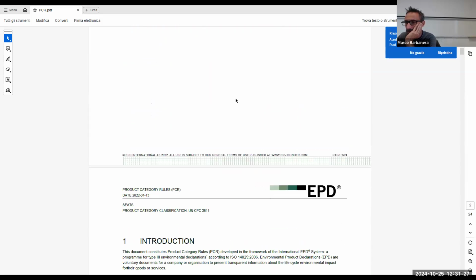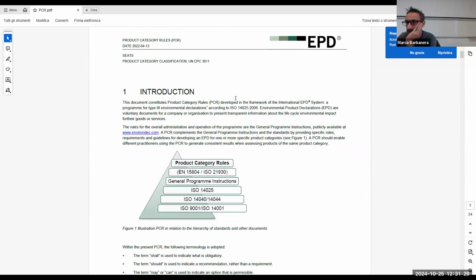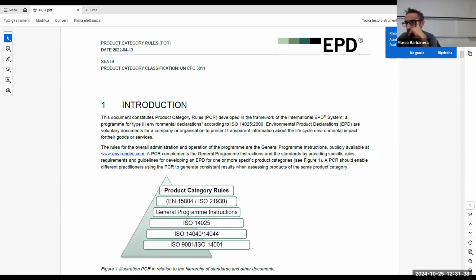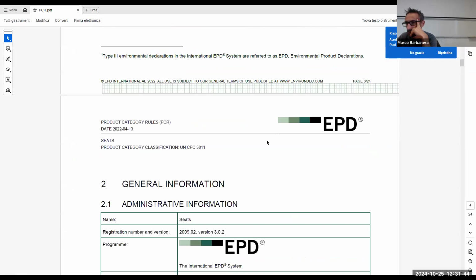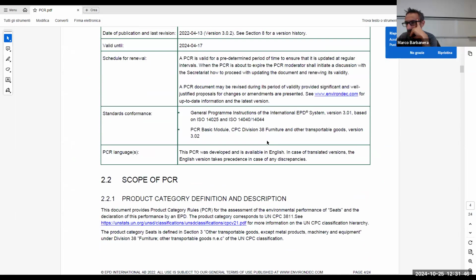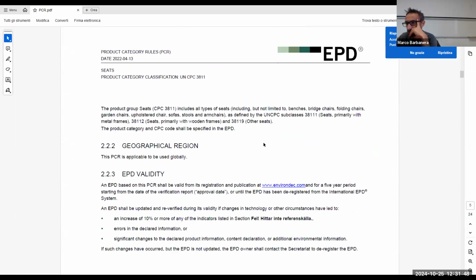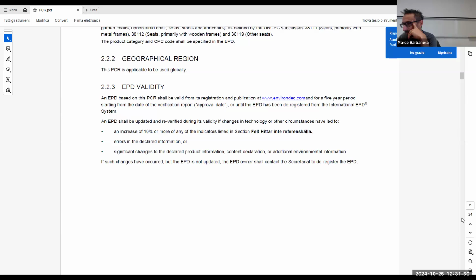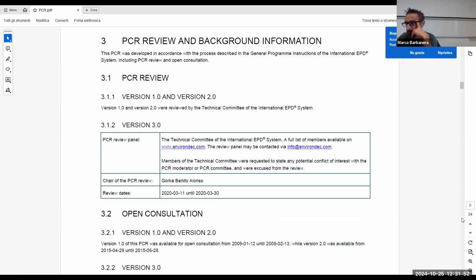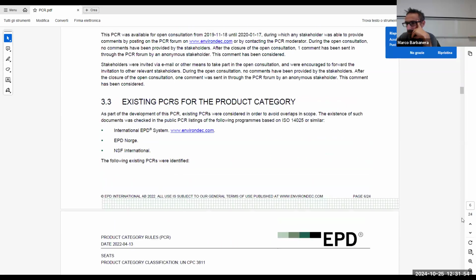So in this document, you can find all the information to carry out the LCA study by adopting specific rules. The most important information is here.